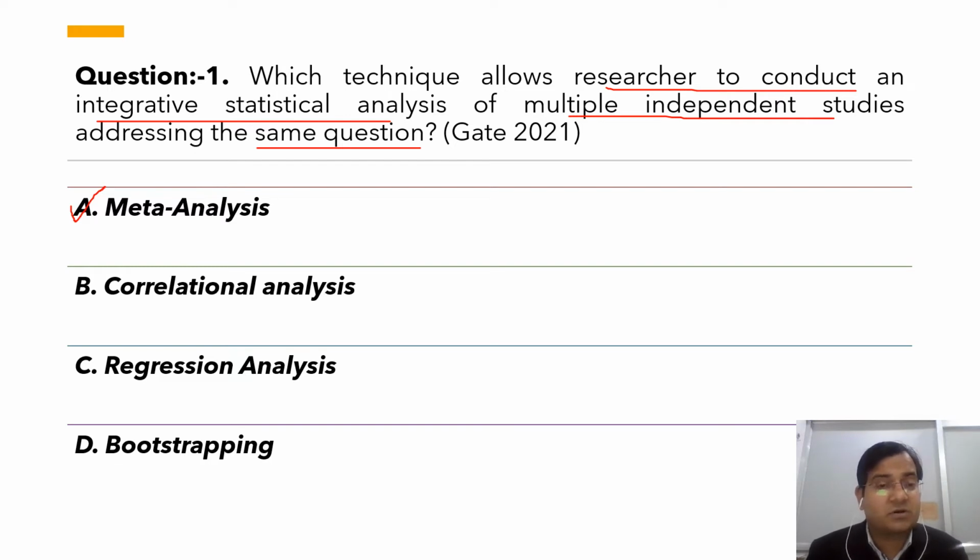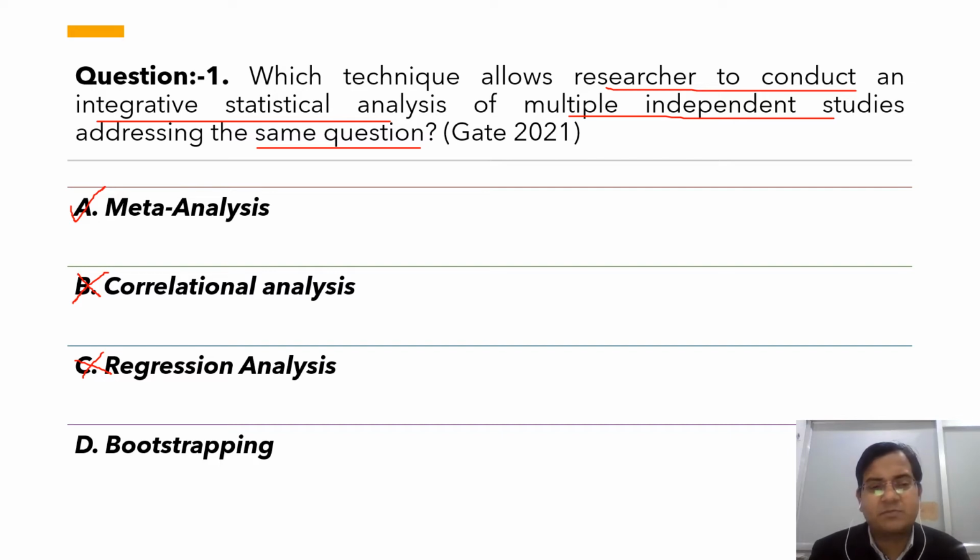Or in canonical correlation, there are obviously two sets of variables, and we identify the relationship between two sets of variables. So again, it's the relationship between variables, not between several independent studies. But in regression analysis, again there are a lot of variables, maybe one independent and one dependent, or maybe one dependent and several independent variables.